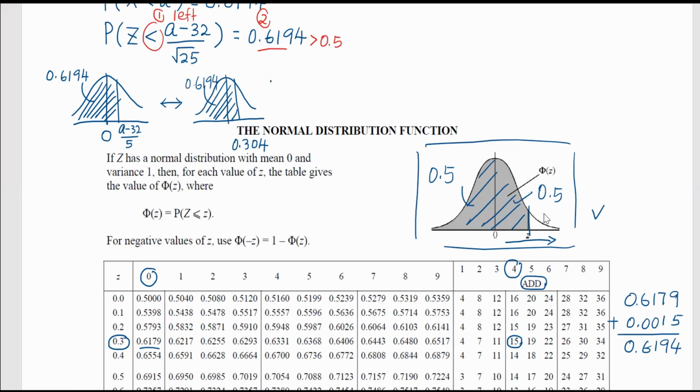Correct? Hence, (A minus 32) divided by 5 equals 0.304. And that is how we will be able to find out the value of A.